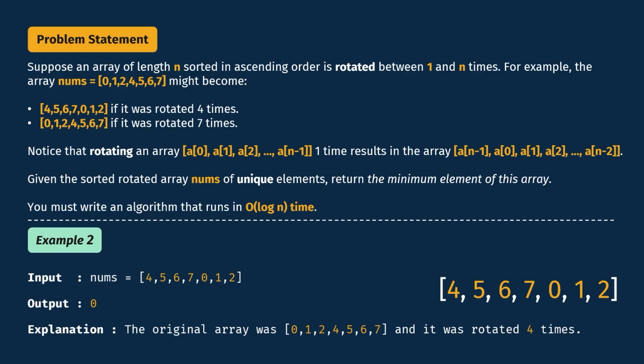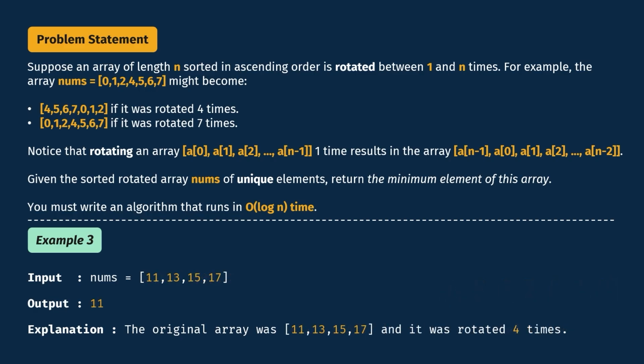And here is our third example. Nums is an array containing the elements 11, 13, 15, 17, and the output is 11. Now, the explanation here is interesting. The original array was 11, 13, 15, and 17, and it was rotated 4 times.